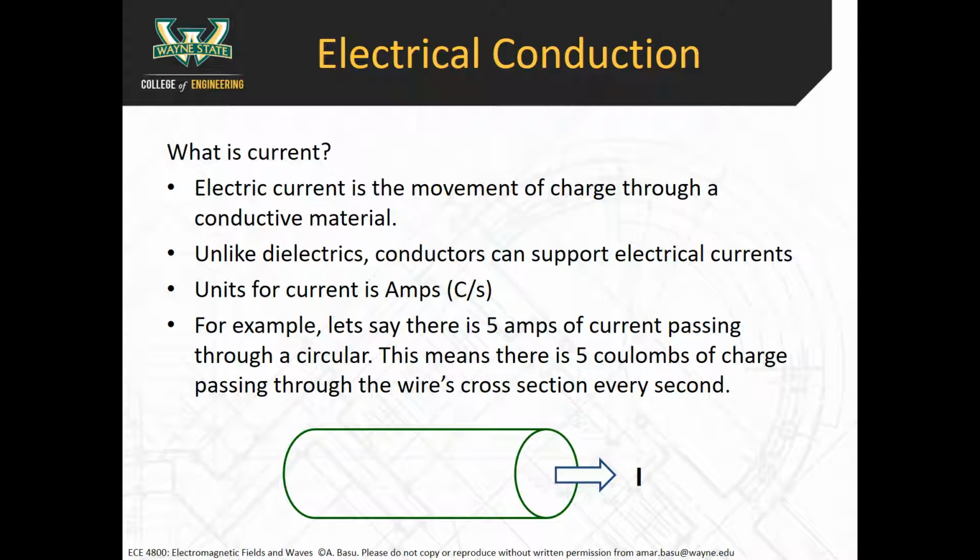The units for current are coulombs per second. As an example, let's say you have a wire and there are 5 amps of current passing through that circular cross section. That means there's 5 coulombs of charge passing through that cross section every second.